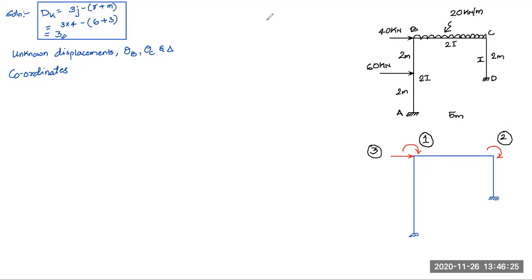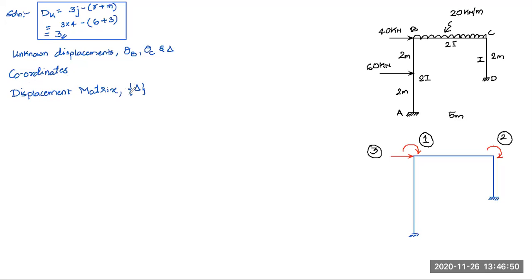Now once I have the coordinates, the next thing I'll do is put down my displacement matrix, represented by delta.